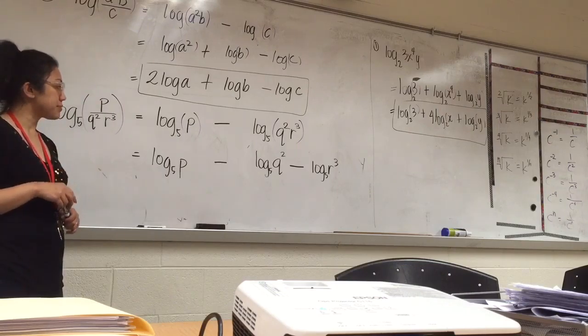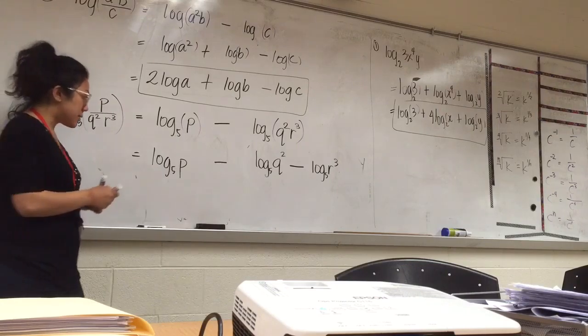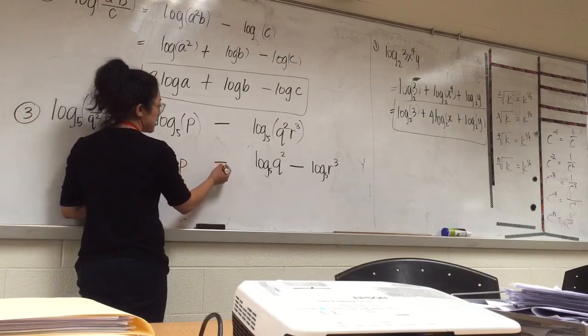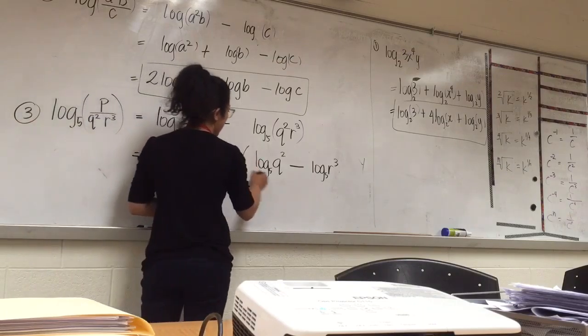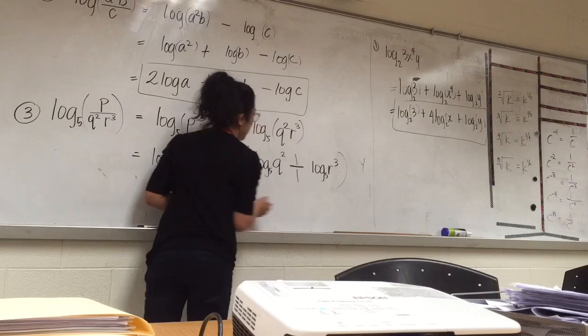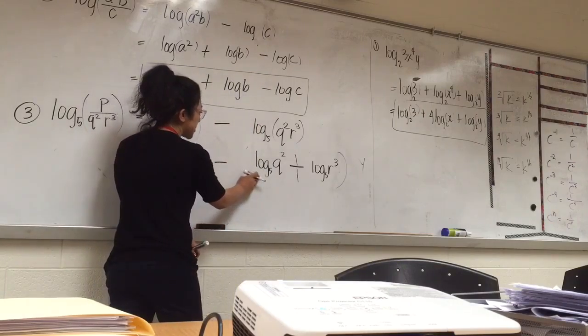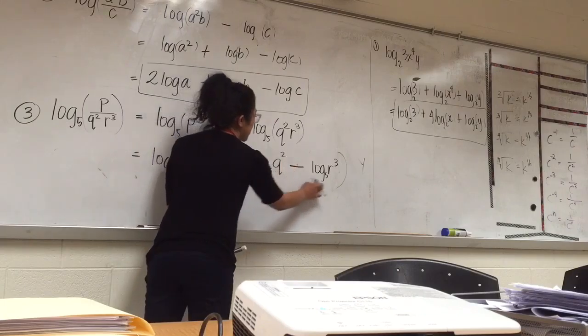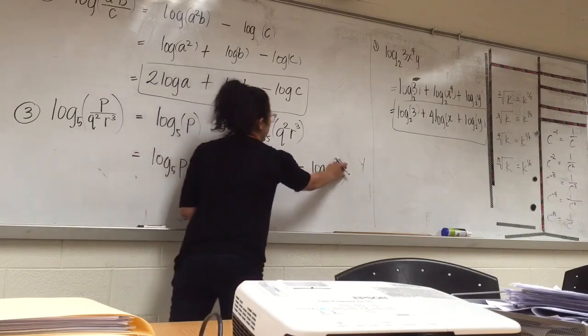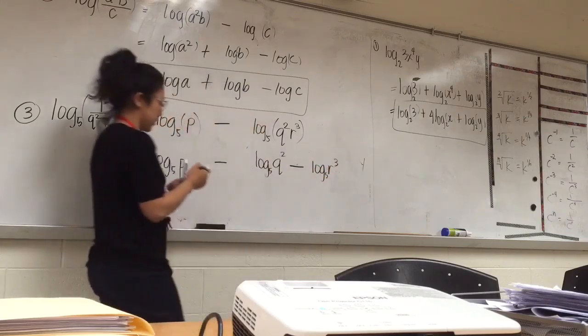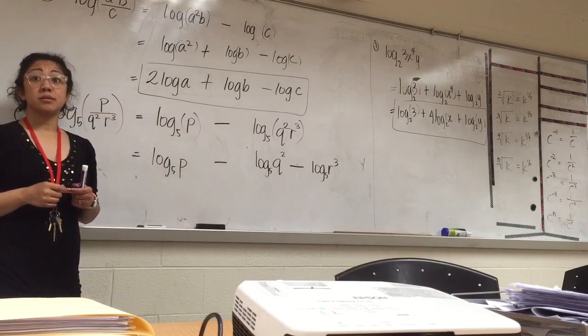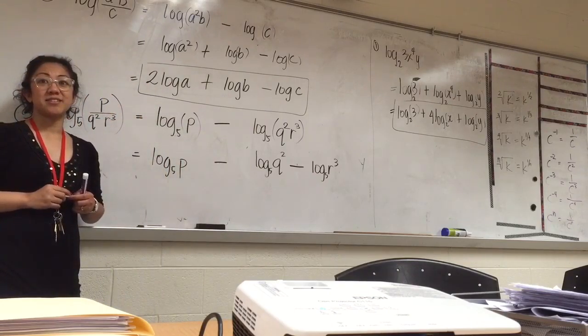So if I keep the parentheses, I can keep the addition sign. Yes, if you want to keep it like that. But if you don't, you're distributing that negative, so this guy's negative, and this guy is also negative. Questions on that?